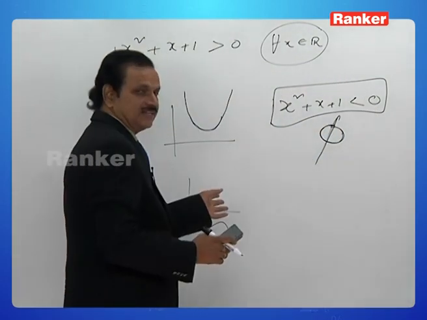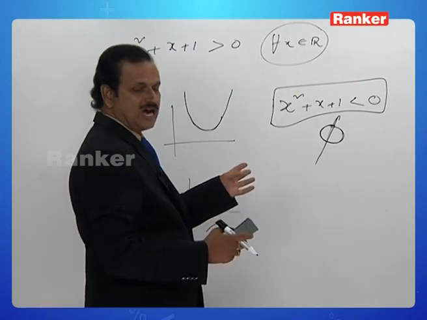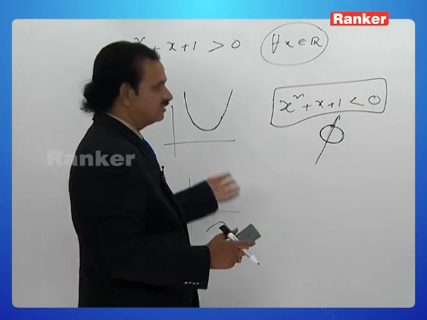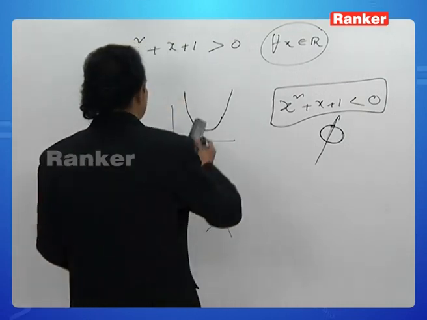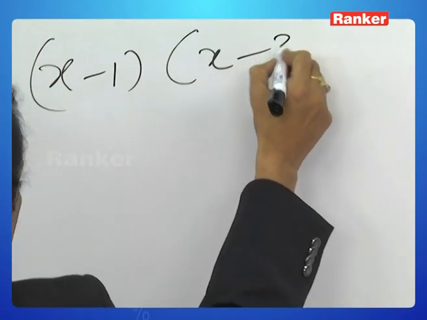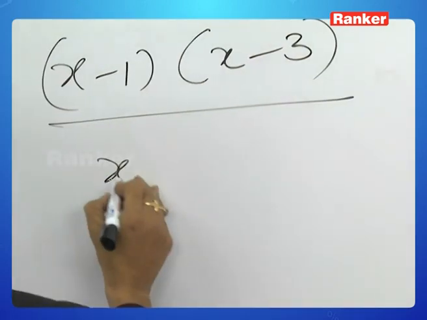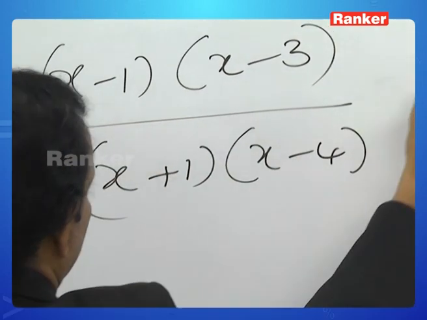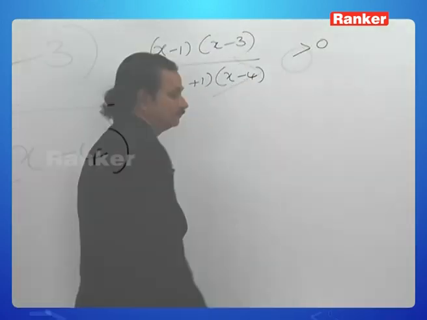So factorized expressions and those expressions are not to be factorized, both of them we have seen. Next one. X minus 1 into x minus 3 by x plus 1 into x minus 4 greater than 0.